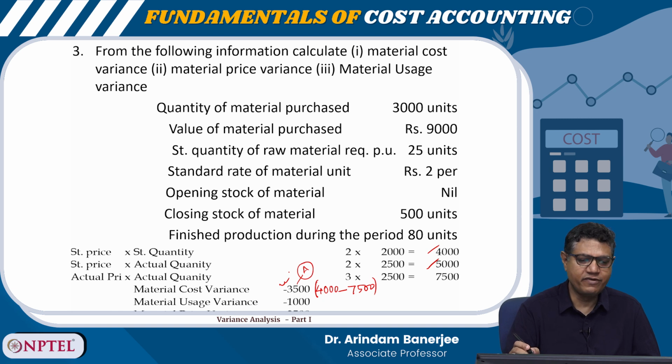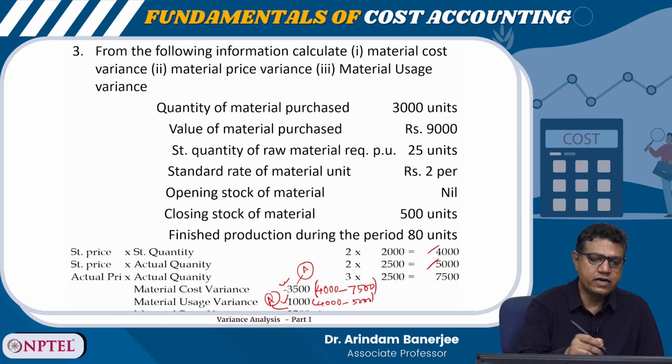So material usage variance happens because of difference in usage, right? So we can see here, 4000 minus 5000. So it is 1000. Again it is adverse, right? And material price variance happens because of difference in price, right?